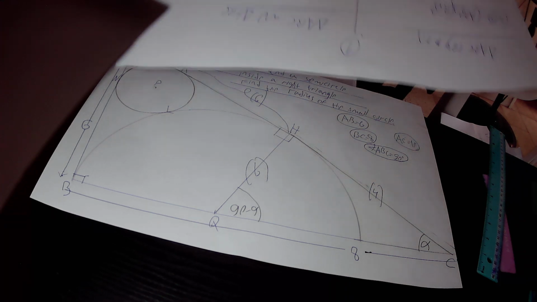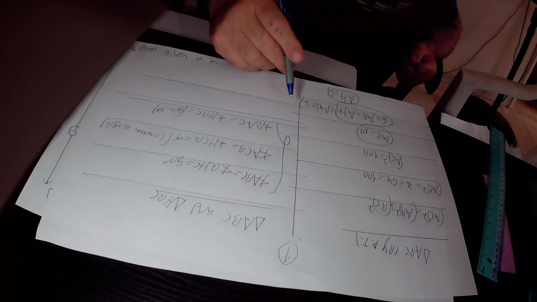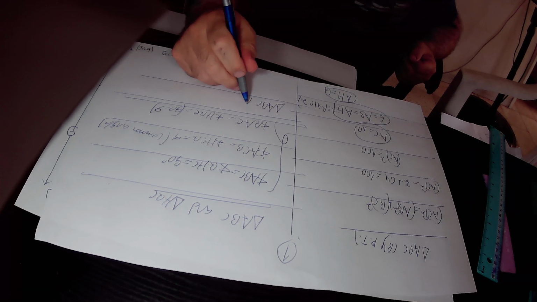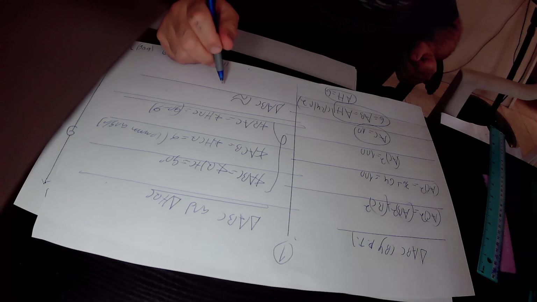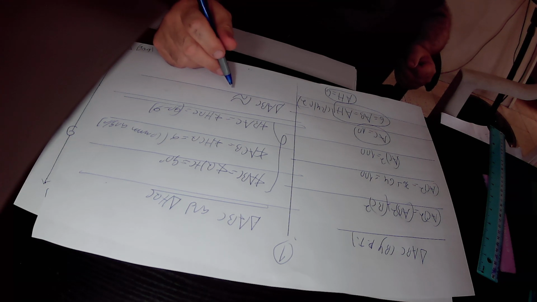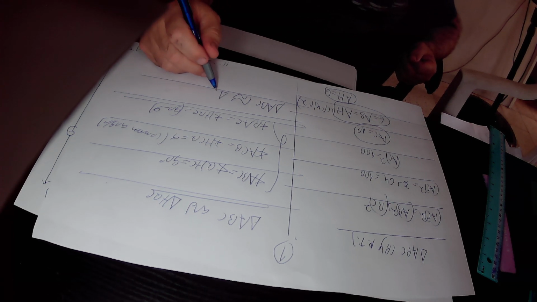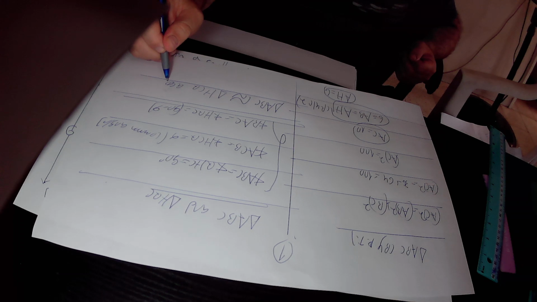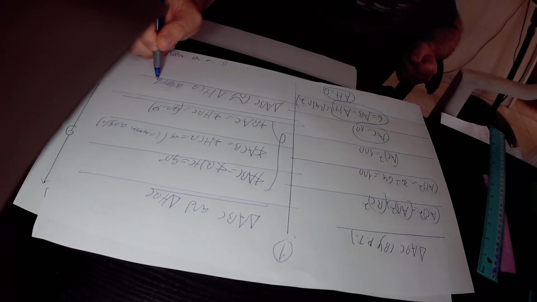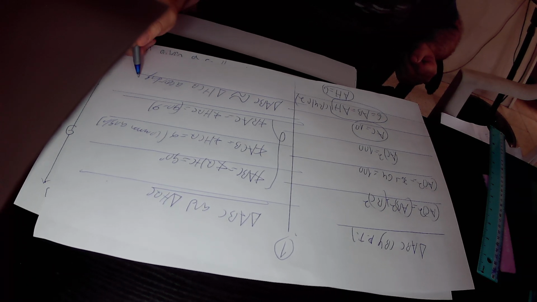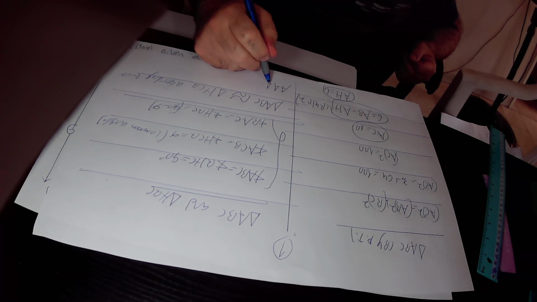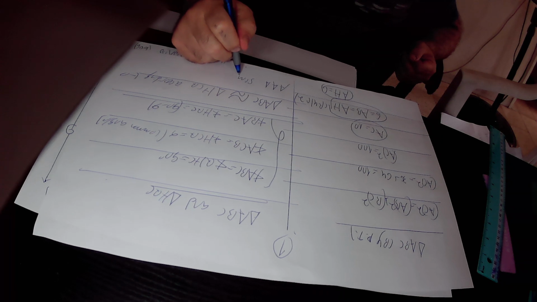So I write it down. I found out that the big right triangle ABC is similar to, this is the sign of similar, the small right triangle HCQ according to the angle similarity rule.